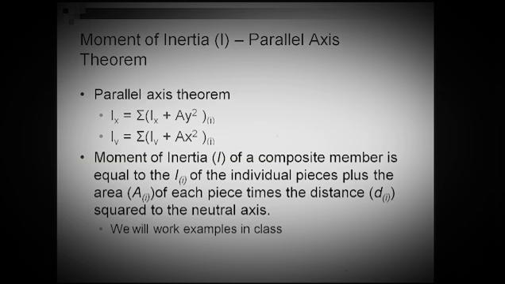We will work this example in class. For instance, if I were to give you a T shape like that, and we were to assume this T shape is fully connected, meaning the top piece is connected to the bottom piece, and we ask you to calculate the moment of inertia, you have to use this formulation.